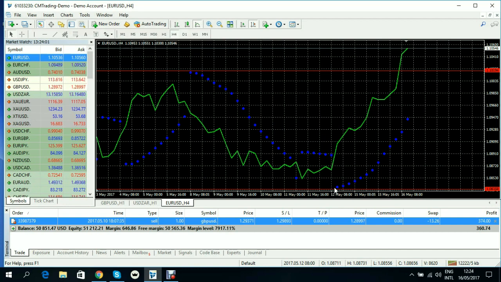So basically, this is how to place a stop loss for a buy position, and this is how to place a stop loss for a sell position. And if you want to move this horizontal line, just double click on it.